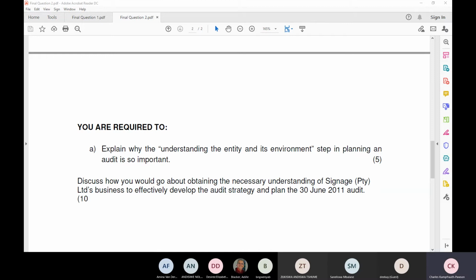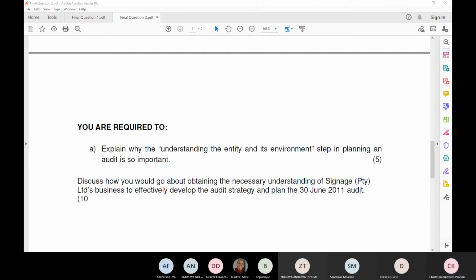Then obviously, as you discuss the client or the audit, and you do research on the client and listen to the various meetings, you need to always be vigilant and apply professional skepticism to identify possible significant risks.